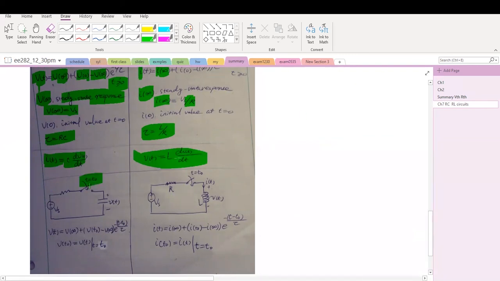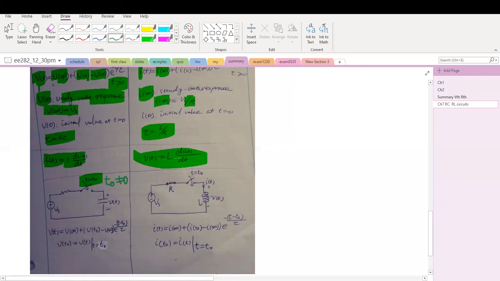Now, if we look at time t equals t naught, when the switch closes, instead of t equals 0, t naught may not equal 0. This is a general case. At t equals t naught, the switch closes and there's a voltage applied to this circuit.